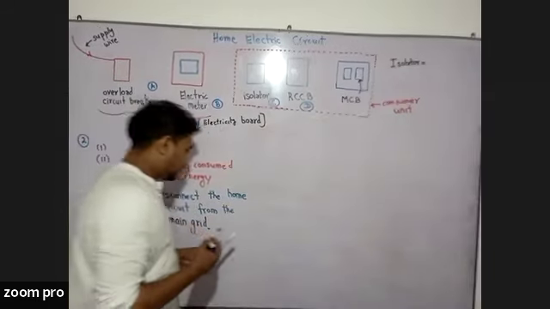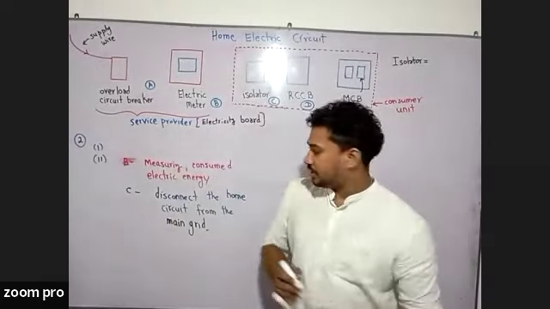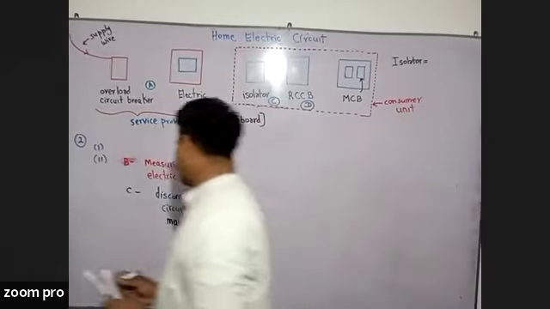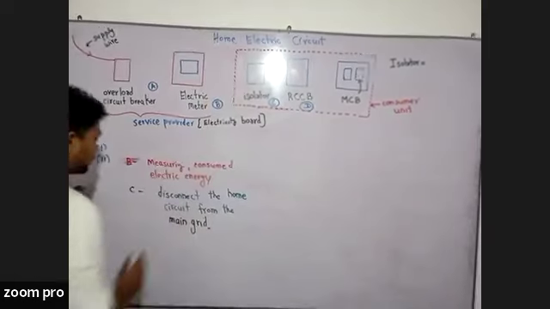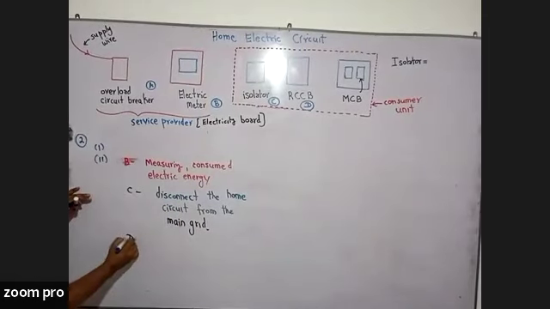Disconnect the whole home circuit from the main grid or main power. So this is the function of the isolator, and then we have RCCB.